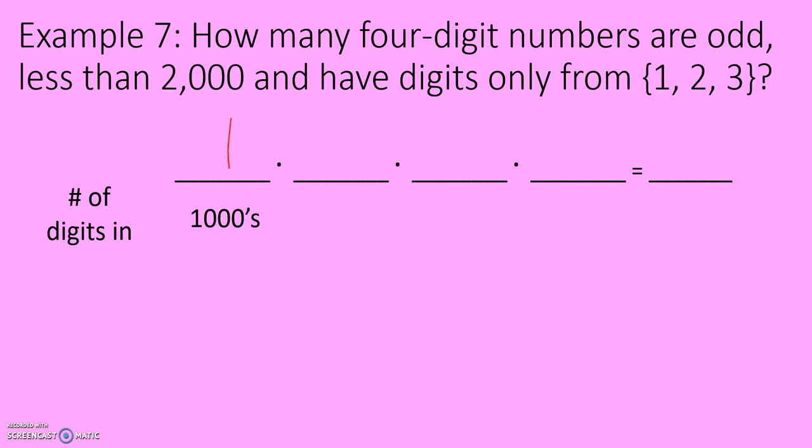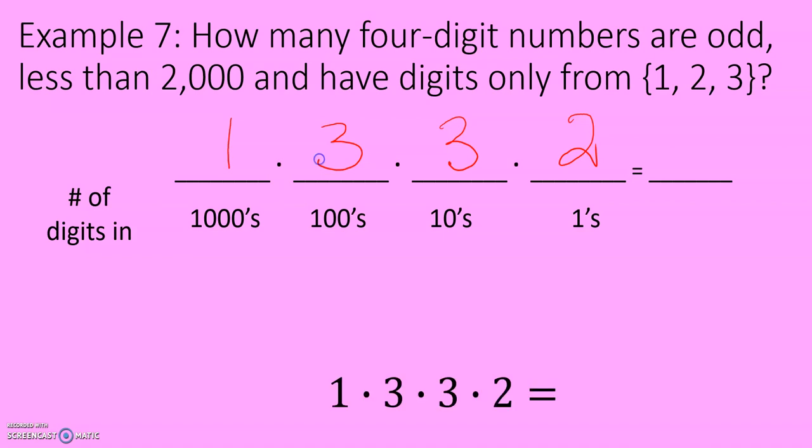Looking in the ones column, we want it to be odd, so we're only going to use the 1 or the 3. So we have 2 options there. In the tens place, we can use all 3 digits, and the 100s place, we can also use all 3 digits. 1 times 3 times 3 times 2 equals 18.